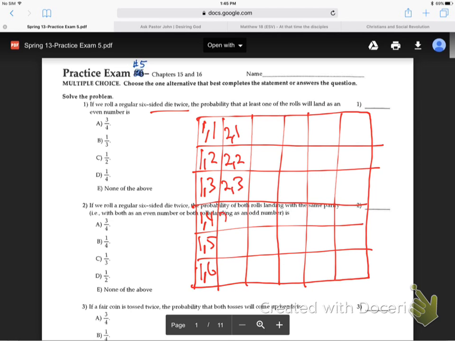A 2 and then a 3. A 2 and then a 4. A 2 and then a 5. A 2 and then a 6. Right? You tracking with me? You can get a 3 and then a 1, a 3 and then a 2, a 3 and then a 3, a 3 and then a 4, a 3 and then a 5, a 3 and then a 6. Or a 4, 1, 2, 3, 4, 5, 6.